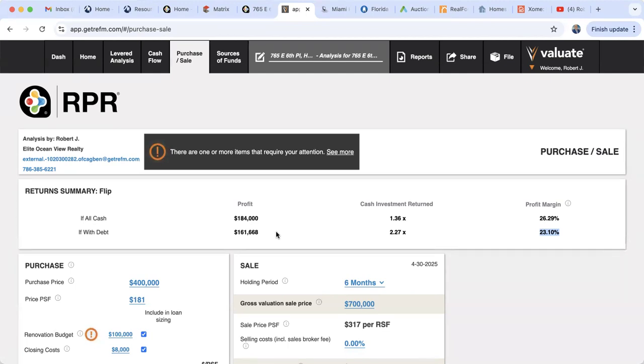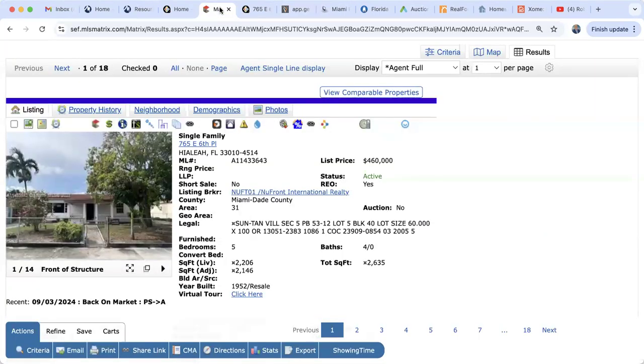Now, I do want to check one more thing. We're going to go back to Matrix. We're going to see what properties in this area are currently actively selling for. Not sold, but let's see what the actives are looking at. So the address is 765 East 6th Place.